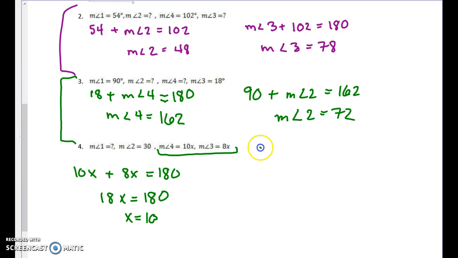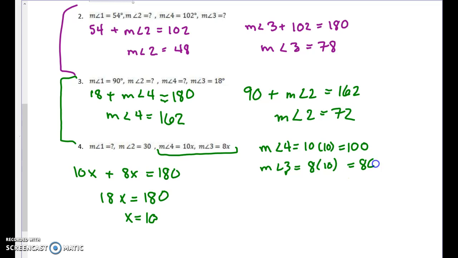All right, that means that the actual measure of angle 4 is 10 times 10, which is 100. And the actual measure of angle 3 is 8 times 10, which gets me 80. All right, now I know that the measure of angle 1 and the measure of angle 2 added together must equal the measure of angle 4.